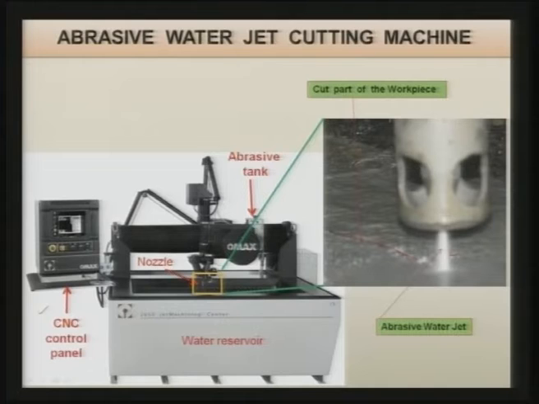Now, here is the abrasive tank in which you fill that dry dehumidified abrasive particles, and this is the water reservoir where whole of this tank is filled with water, and here you will keep the workpiece, as I will show you in the next slide.